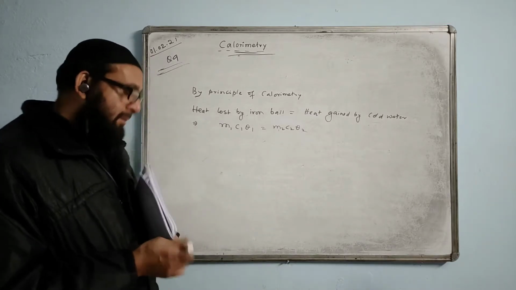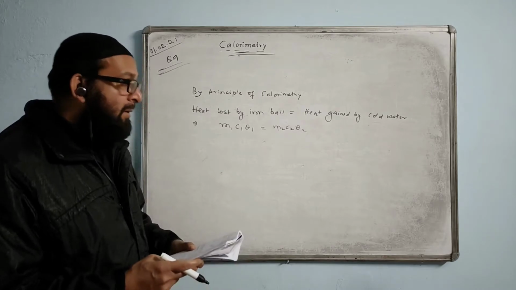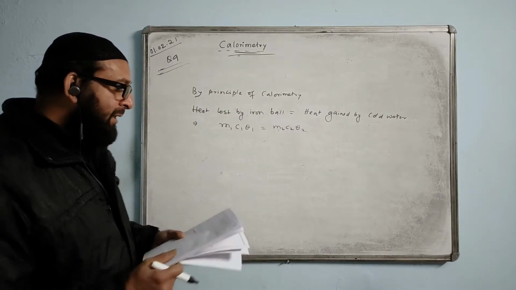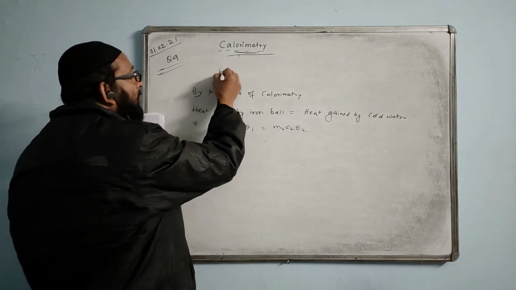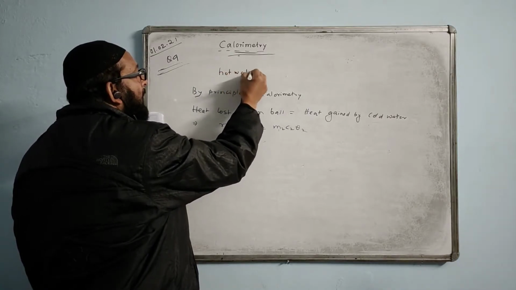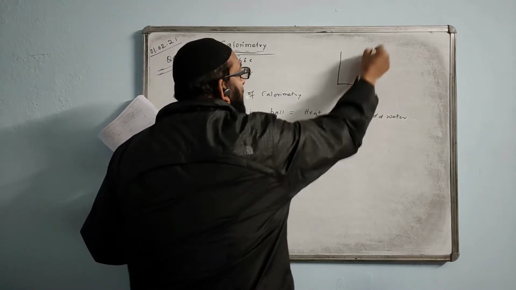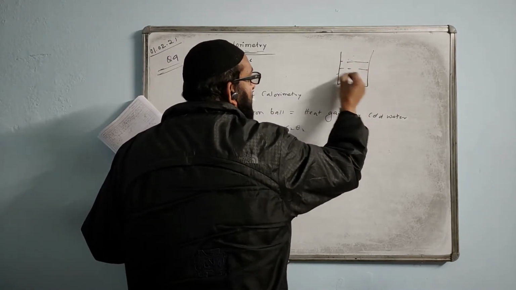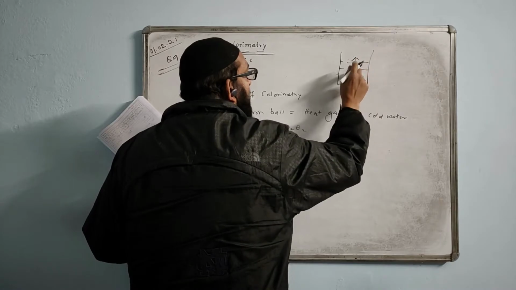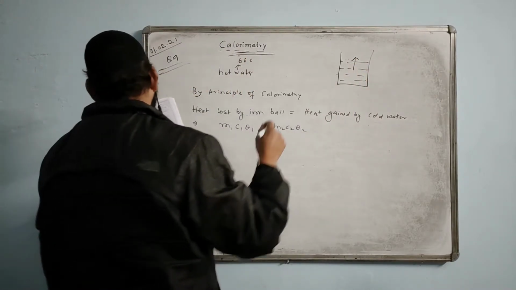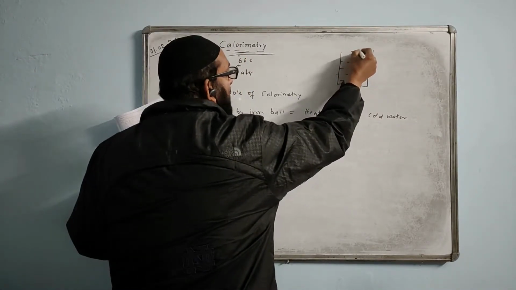Okay, they are saying we are having 40 gram of water at 60 degrees Celsius. There is hot water of 60 degrees Celsius, and we are pouring this into a vessel containing water. Here also there is some water, the temperature of this water given is 20 degrees Celsius.